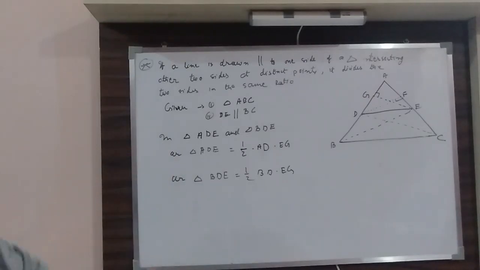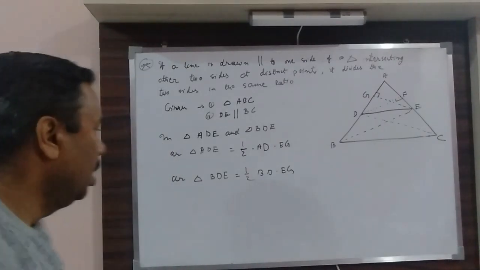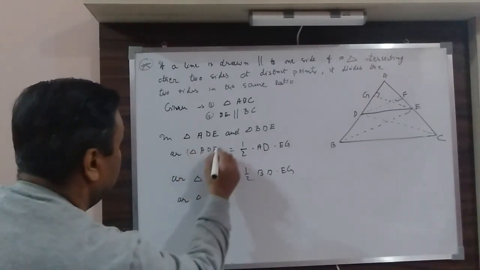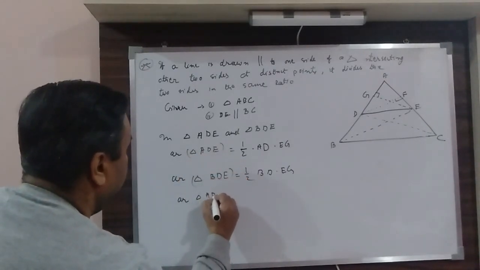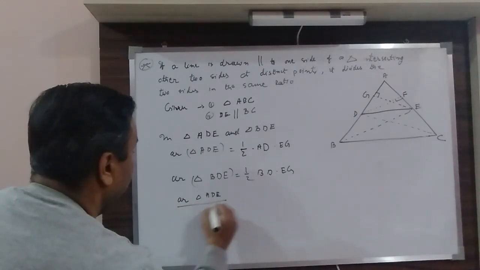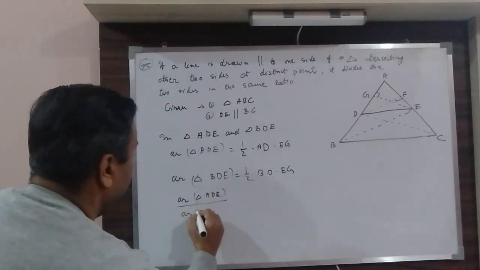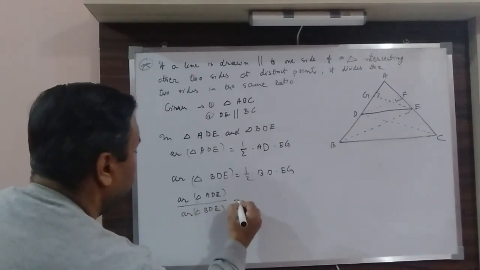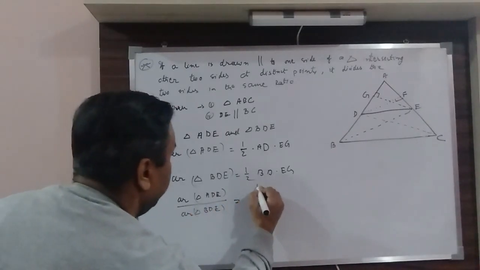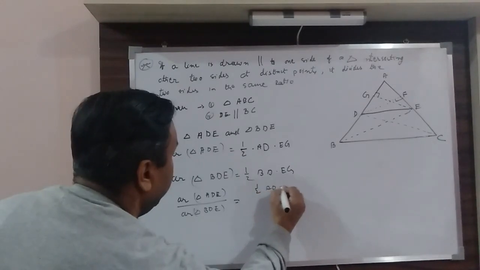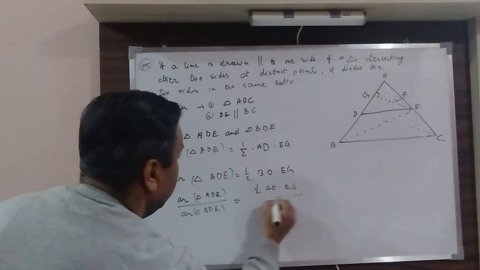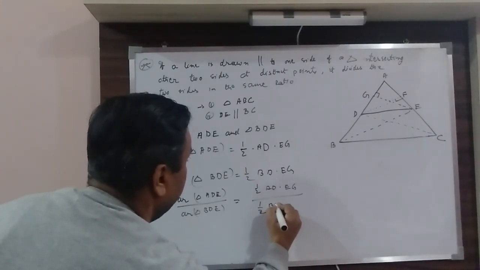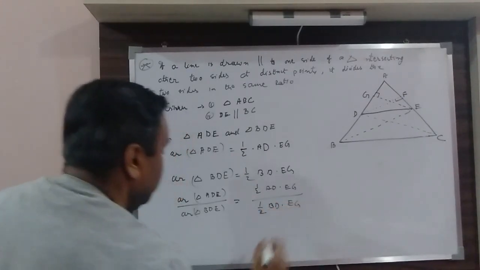If you find the ratio, what will be the area of triangle ADE divided by the area of triangle BDE? It will be half of AD into EG divided by half of BD into EG.